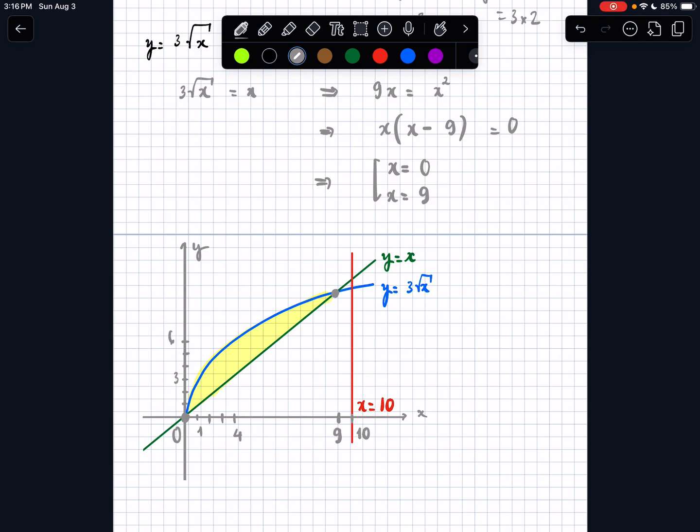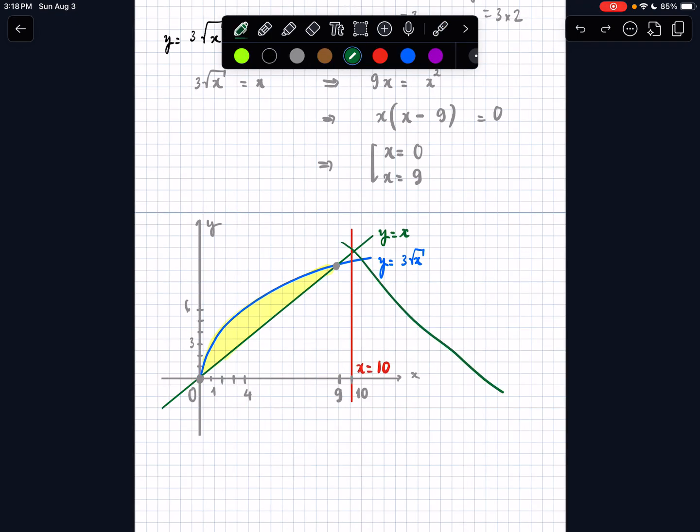Now, by revolving this region about the line x equal to 10, each point on the blue curve gives us this circle, and each point on the green curve gives this.